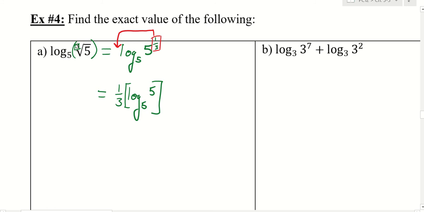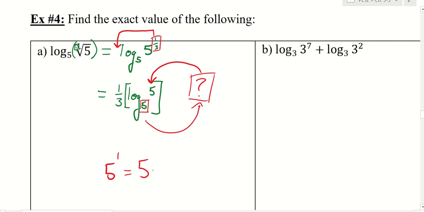Or in other words, let's phrase it this way. Base 5 raised to what power would get you 5? Well, 5 to the 1 would get you 5. So what is log base 5 of 5? It's 1. That's the exponent that you would put on base 5 to get 5.